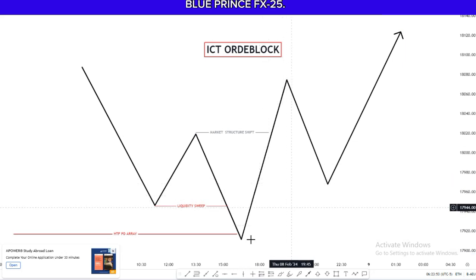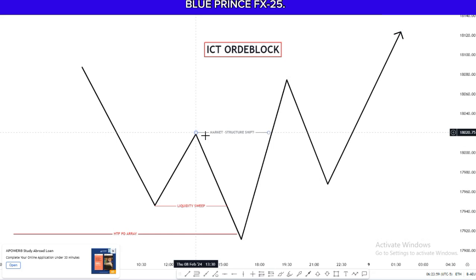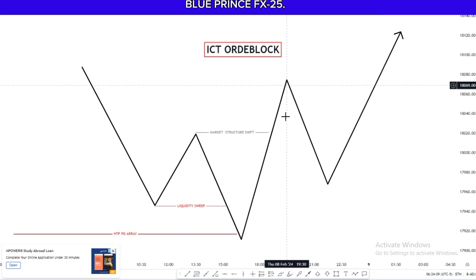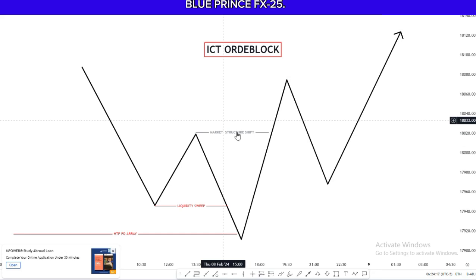But a market structure shift occurs when this high gets broken. Now we know that the market is no longer bearish. We are no longer going to experience lower lows and lower highs. Now we're going to experience higher highs and higher lows. So the third requirement is that you have to experience a market structure shift, which is what we got here.